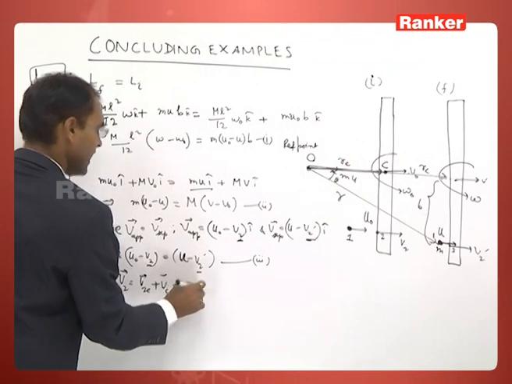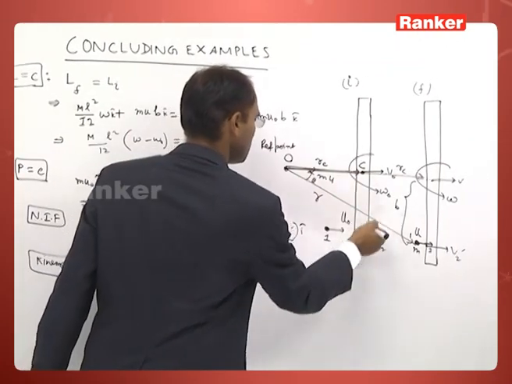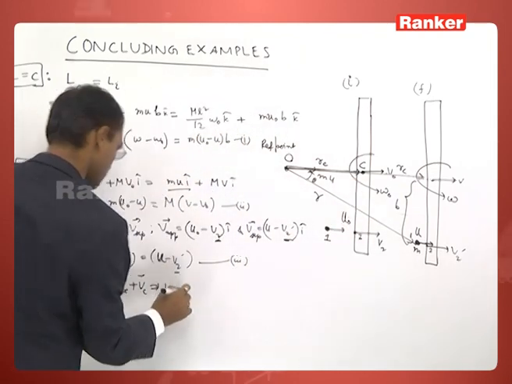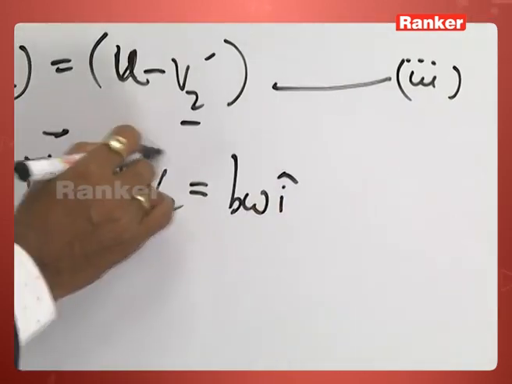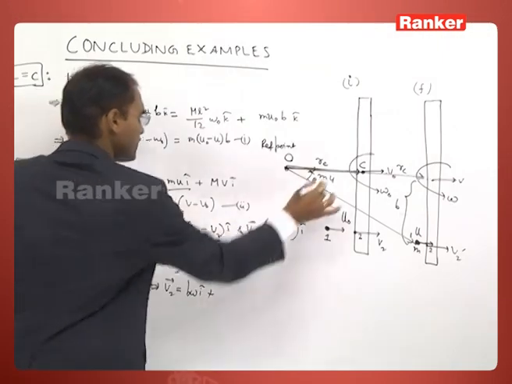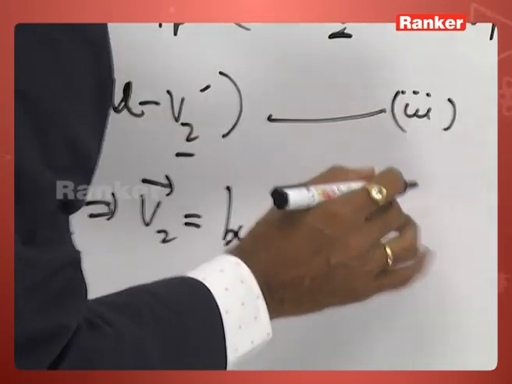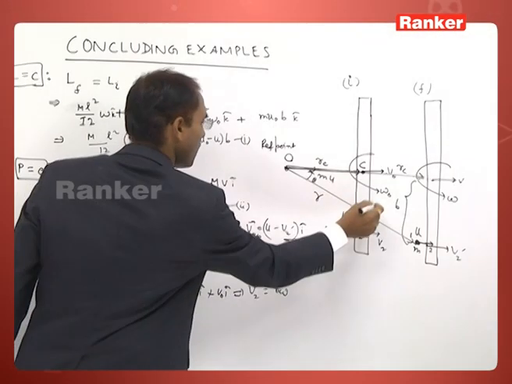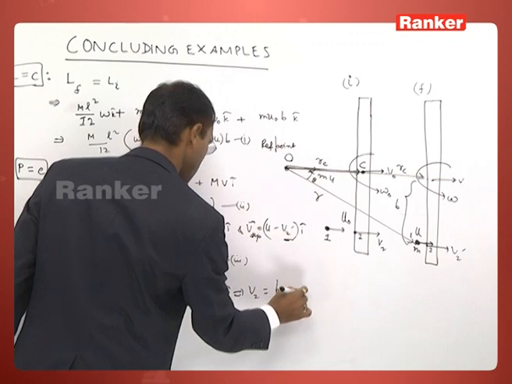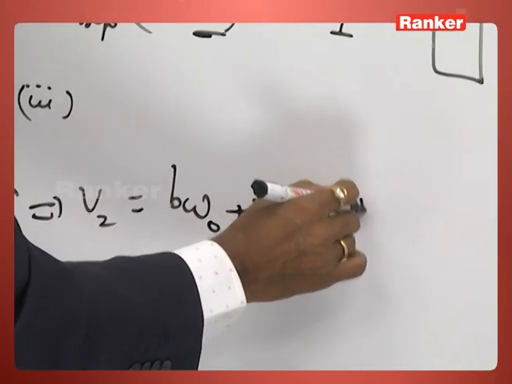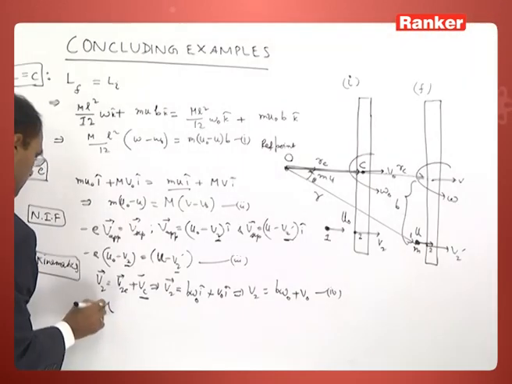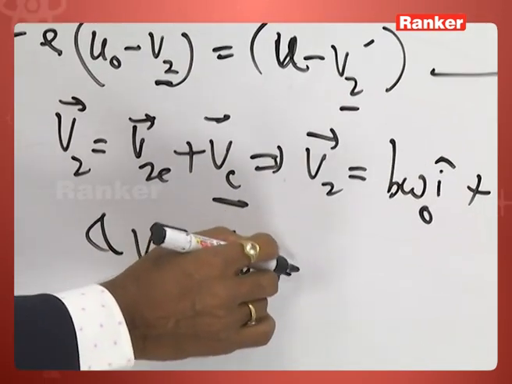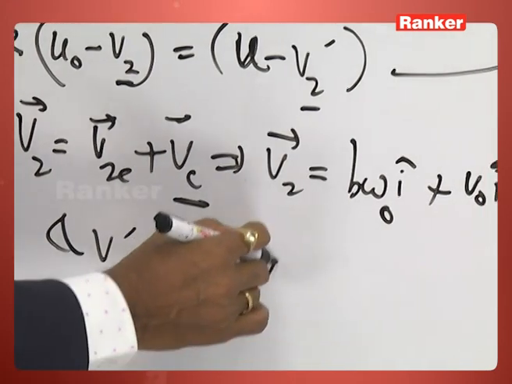So v2 is b into omega I cap plus the center of mass velocity, in this case v naught I cap. Therefore v2 will be b omega naught plus v naught, and similarly v2 dash can be written as b omega plus v.